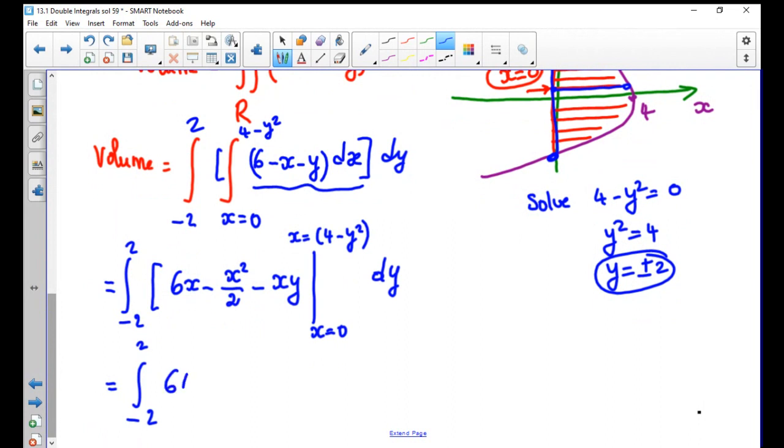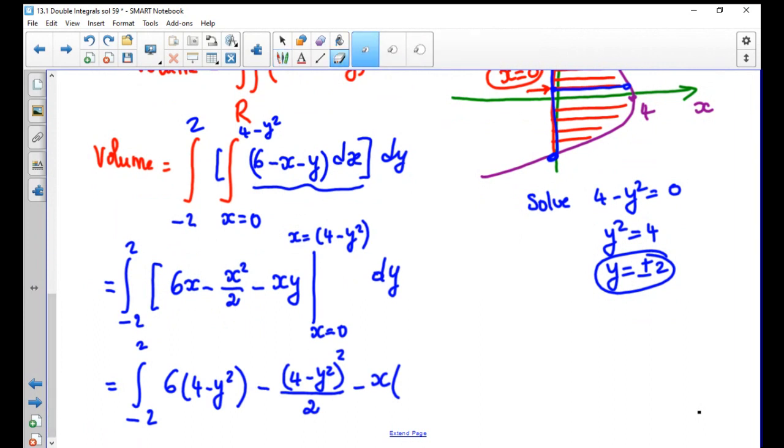It will be 6 times 4 minus y squared, minus 4 minus y squared, squared over 2, minus 4 minus y squared times y.